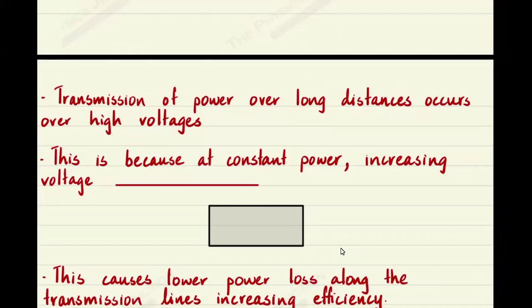Because at constant power, if I'm increasing the voltage, then I'm basically decreasing the current. So P equals VI. If I've increased the voltage levels of transmission, then I've reduced the current. So this is because at constant power, increasing voltage reduces current.